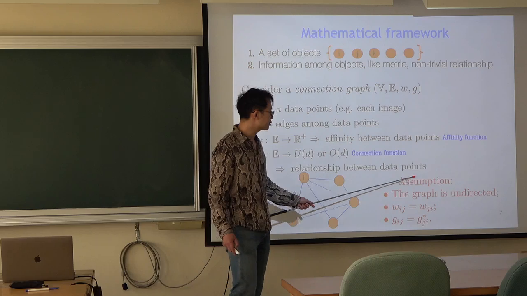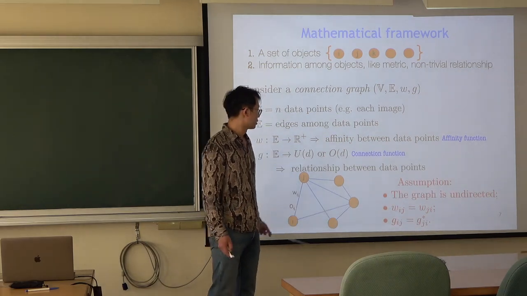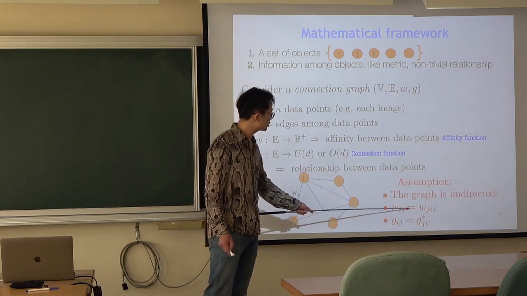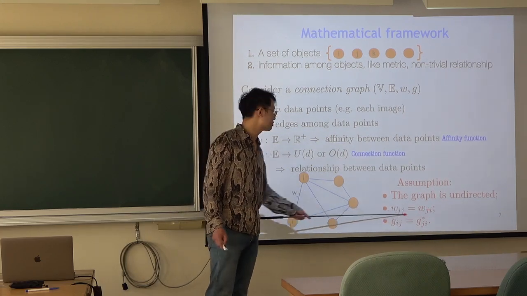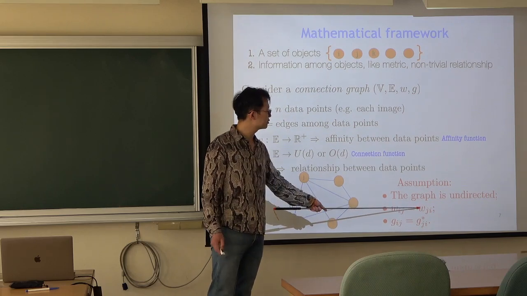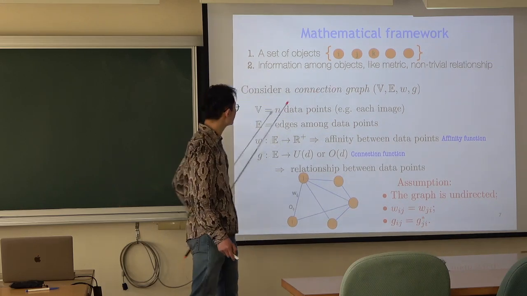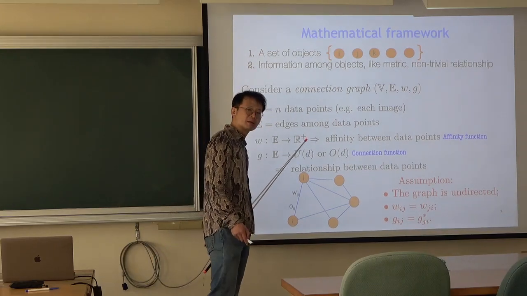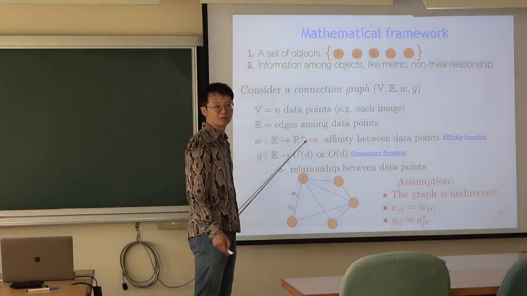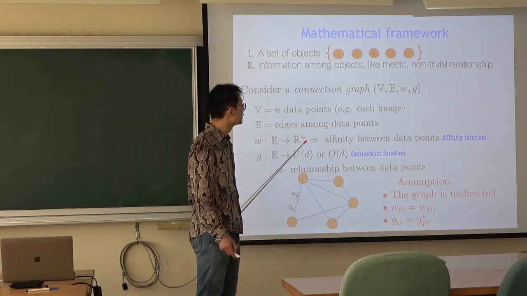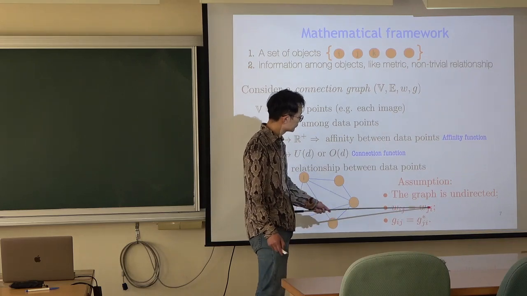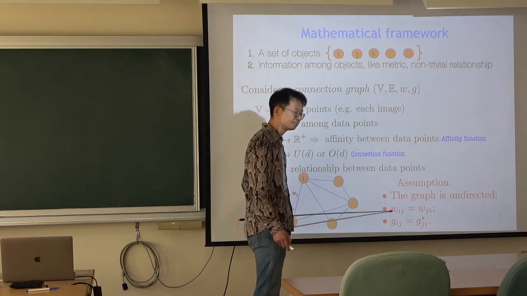And we need to put some assumptions. We will make the assumption that the graph is undirected, for example Wij is Wji. This is very similar to what we had before, because if Wij is not equal to Wji, that is, the affinity matrix is not symmetric, and we know that for a non-symmetric matrix there may not be an eigenvalue decomposition. So to simplify the discussion, from now on we will always assume the graph is symmetric.